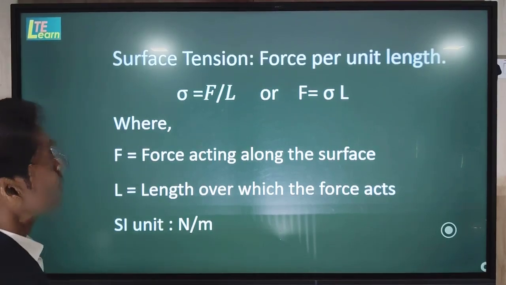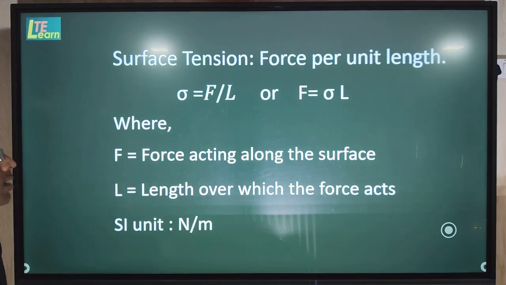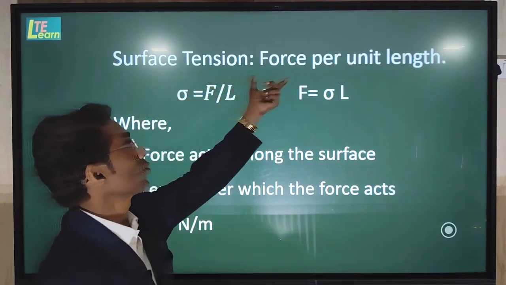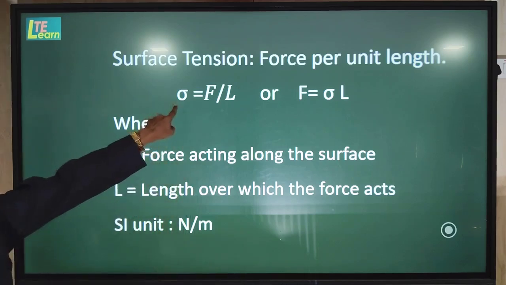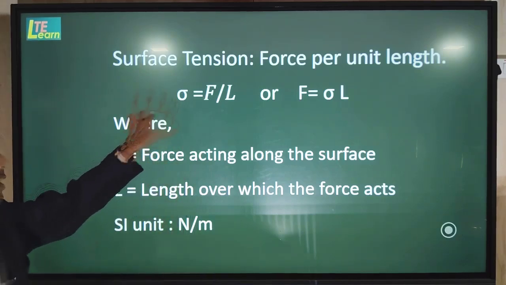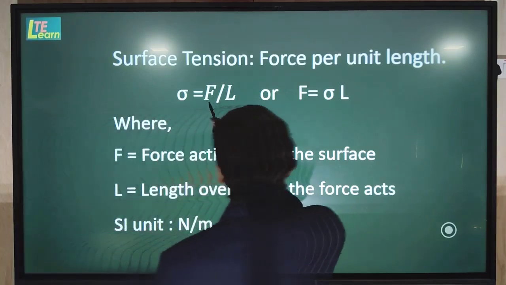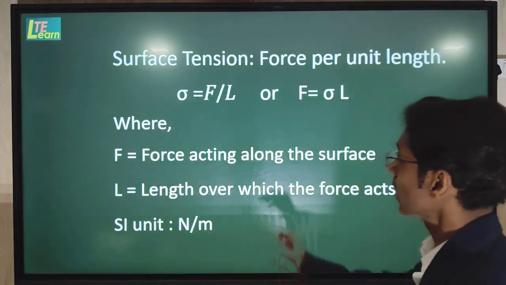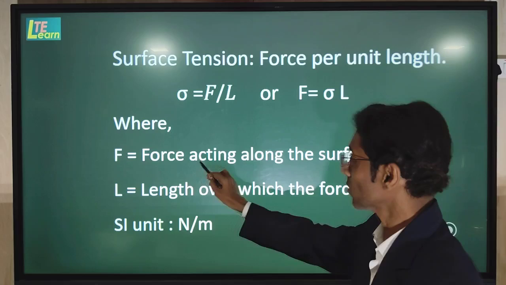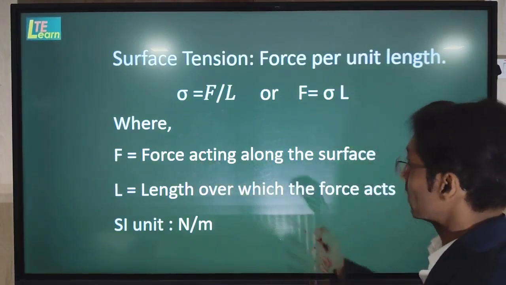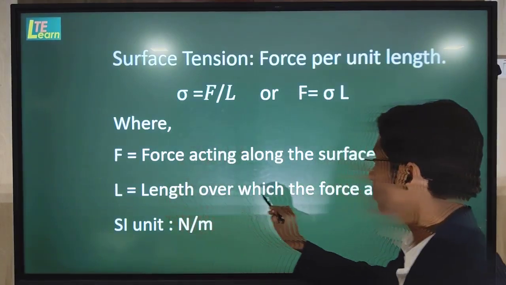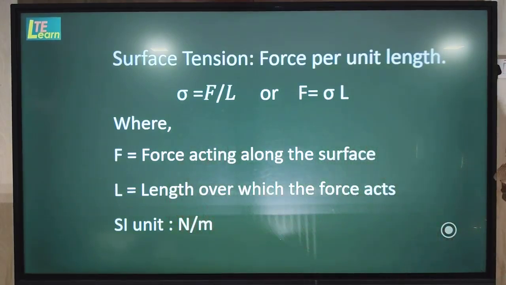Mathematically, how is surface tension expressed? The definition of surface tension is force per unit length. Surface tension is indicated by the Greek symbol sigma, which is the ratio of a force F to a length L, where F is the force acting along the surface of the liquid and L is the length over which the force acts.